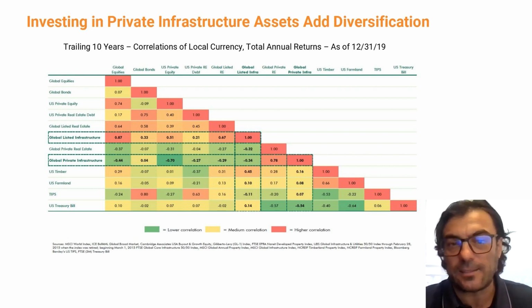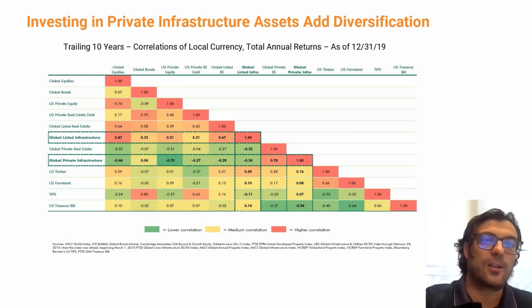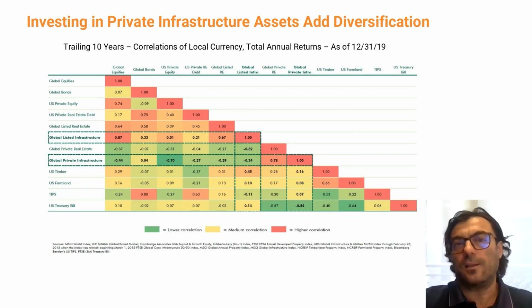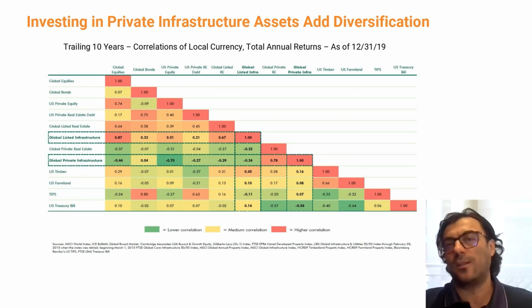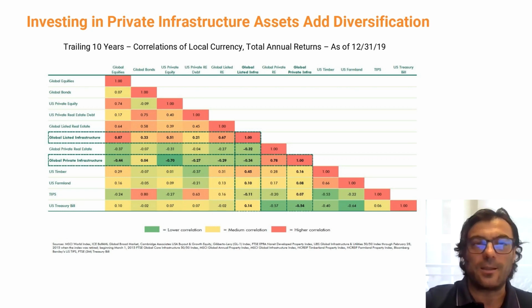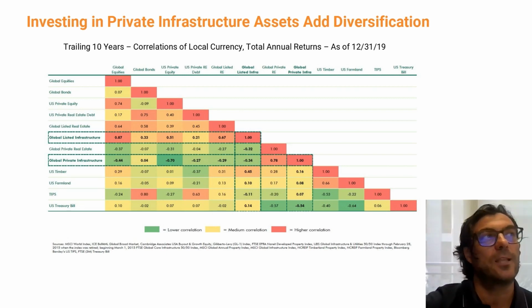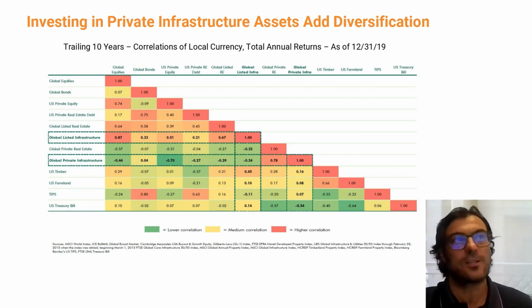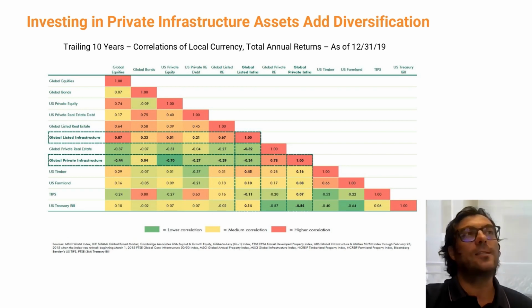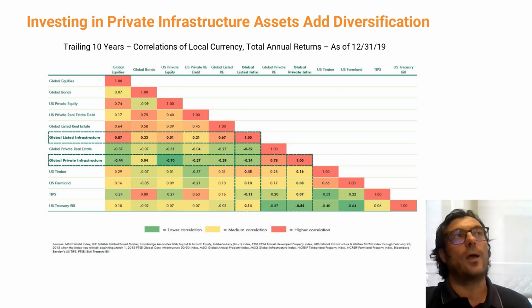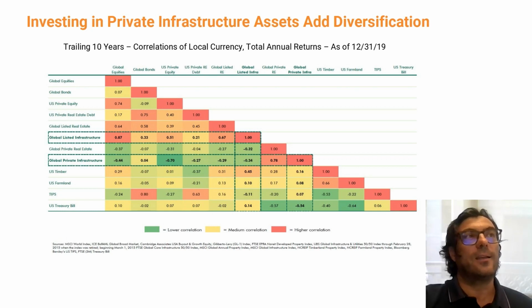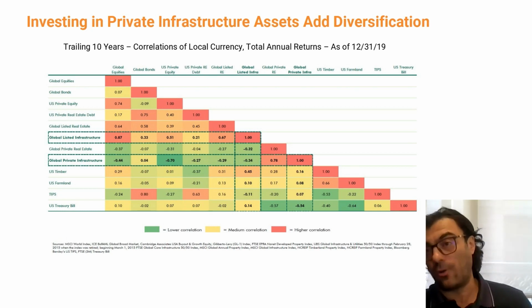Here, I've taken the correlation of the total annual returns of several asset classes. And what I would like to really point out is the global private equity infrastructure. You can see that relative to equities, they are inversely correlated.